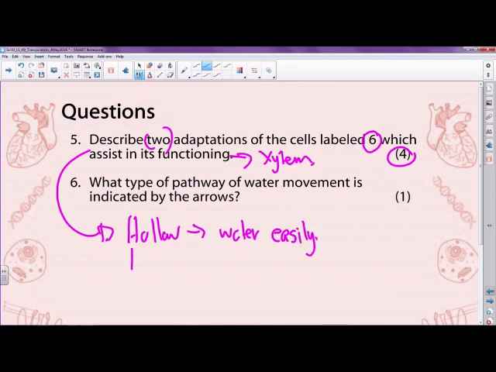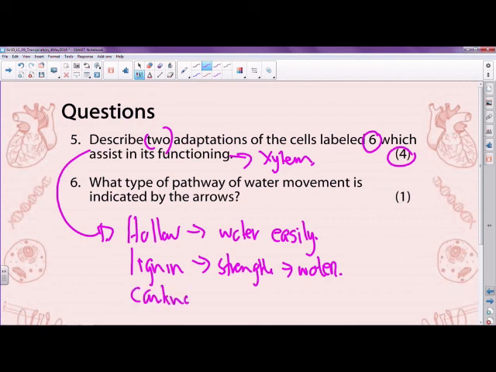It has lignin, strengthening against the forces of water. What else has it got? It is continuous, so water can form one joined band, one joined molecule.